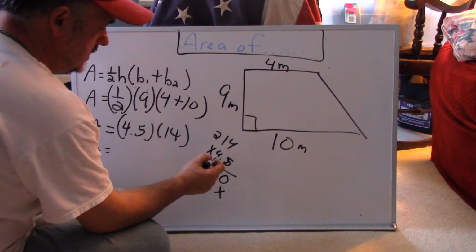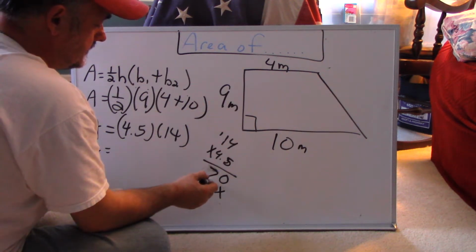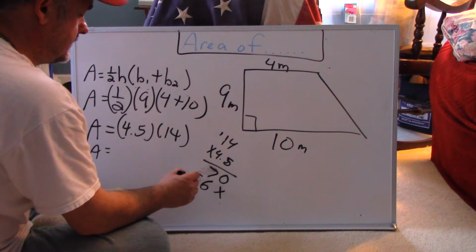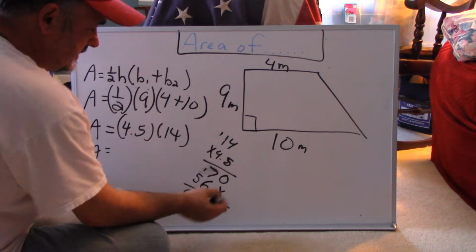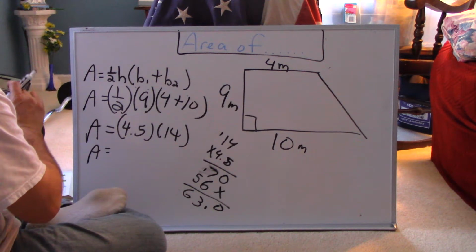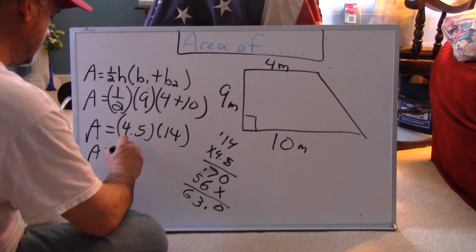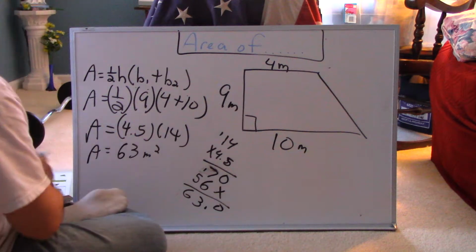X. 4, let me erase that. 4 times 4 is 16. 4 times 1 is 4 plus 1 is 5. 0, 13, 6. 63. Let me double check. 4.5 times 14. 63. 63 meters squared. Alright?